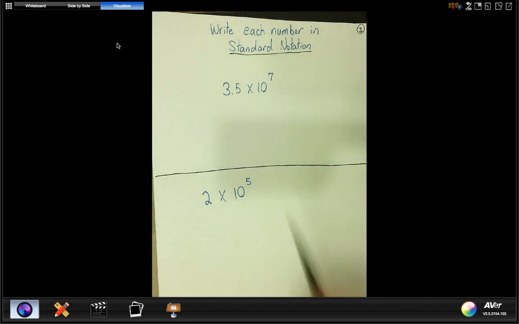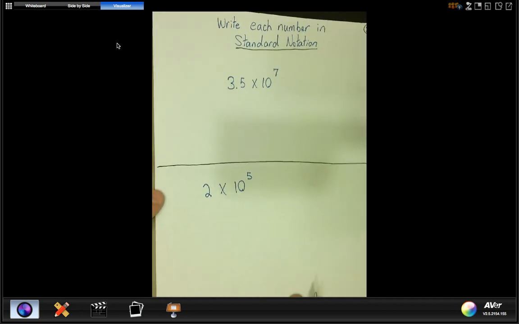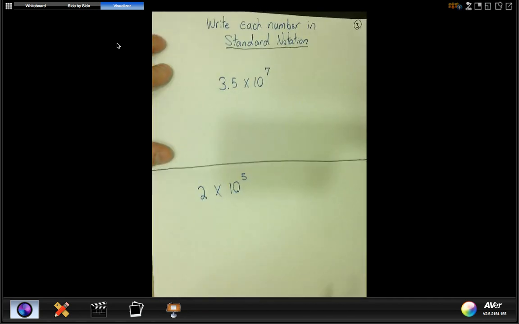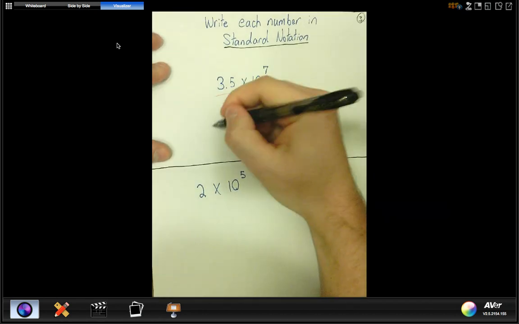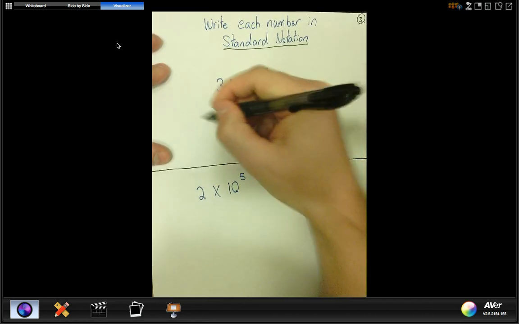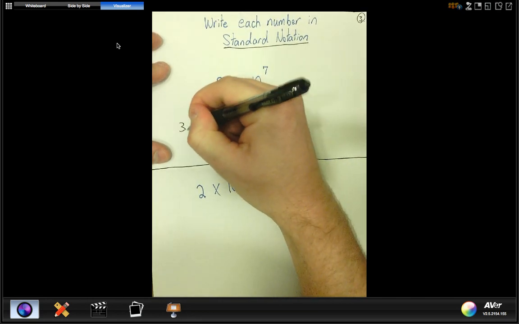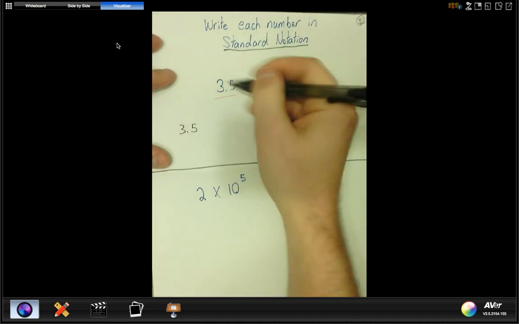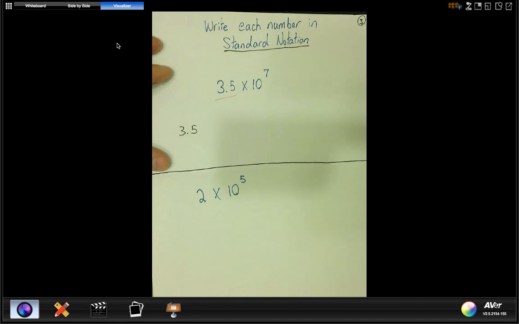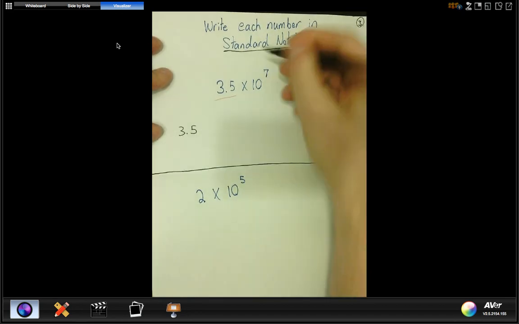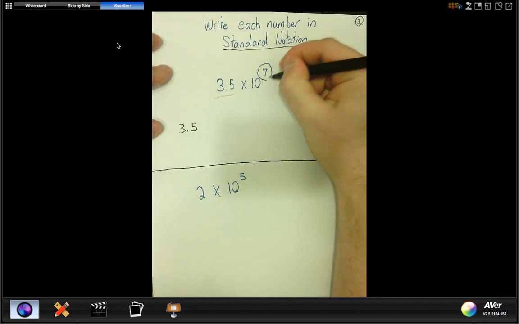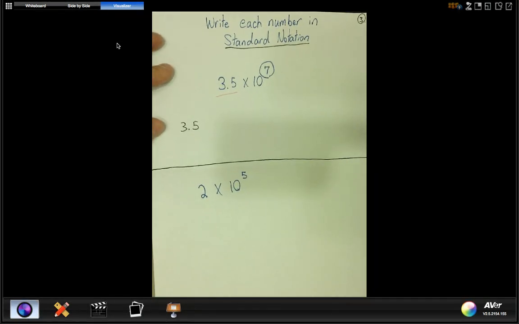When I look at a scientific notation example, I see 3.5. First thing I'm going to do is write down 3.5. I also now know from the examples before, the exponent tells me how far I have to move the decimal point.